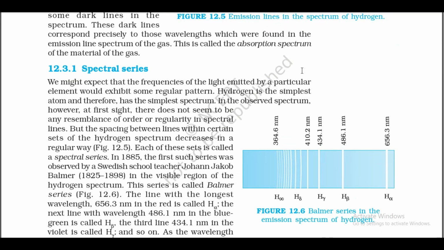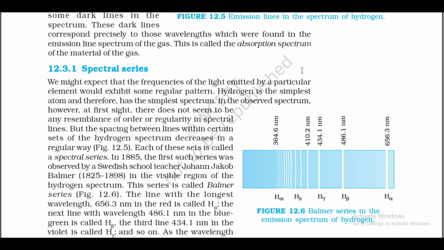12.3.1 Spectral series. We might expect that the frequencies of the light emitted by a particular element would exhibit some regular pattern. Hydrogen is the simplest atom and therefore has the simplest spectrum.